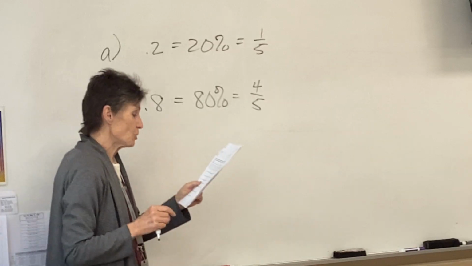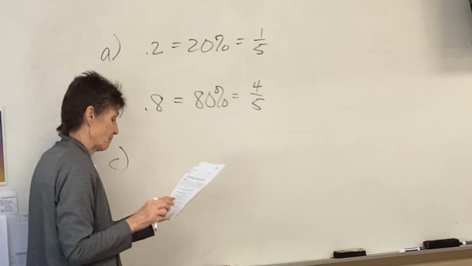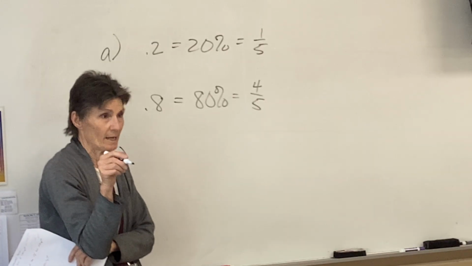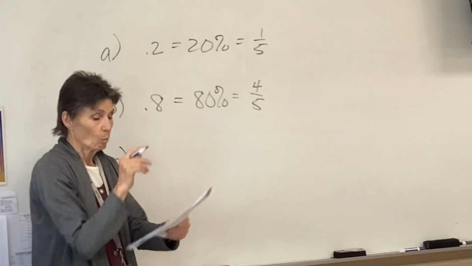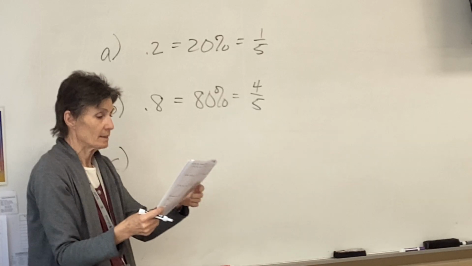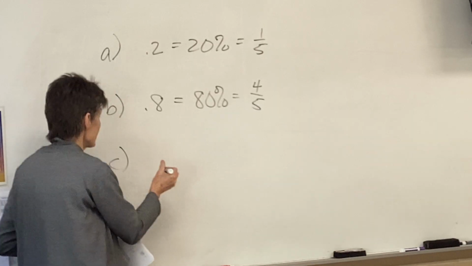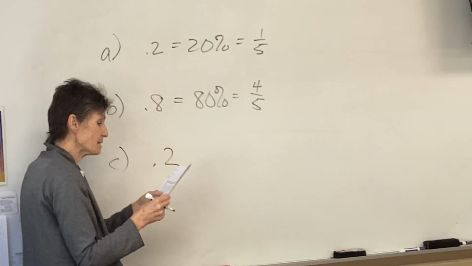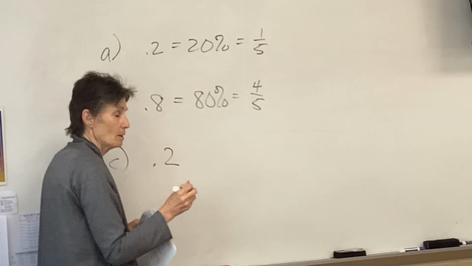If a candy is chosen from each bag, what is the probability they will both be red? What is Maggie's red? Maggie's red is 0.2. What is Elizabeth's red? 0.3.